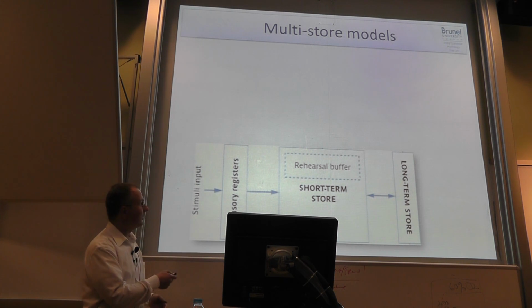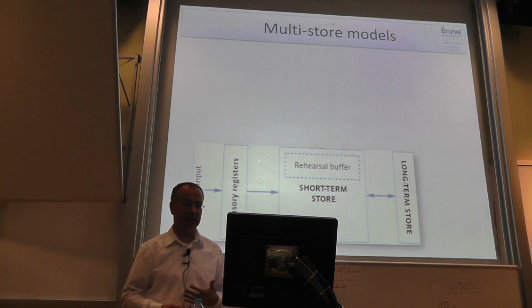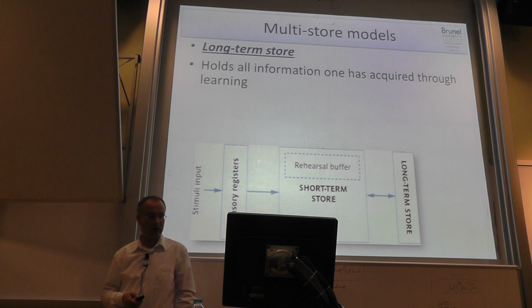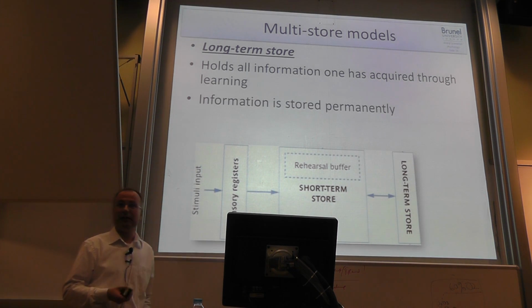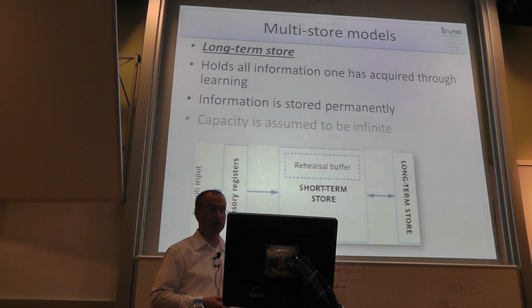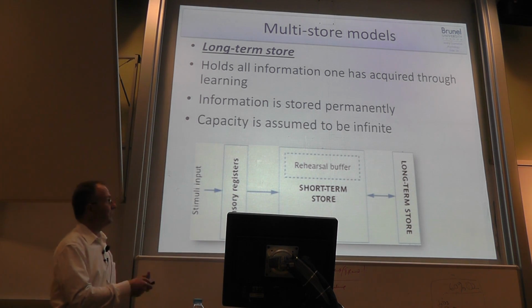But in that model, only information which is in short-term memory can be stored in the long-term. And in the long-term store, information is stored permanently, as the name already suggests, and the capacity is assumed to be infinite.